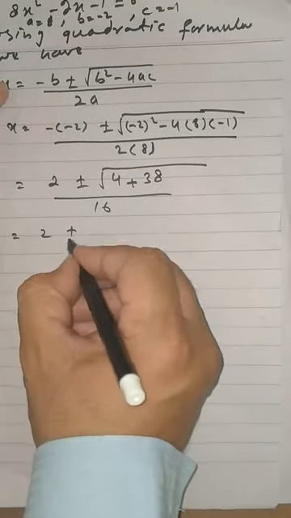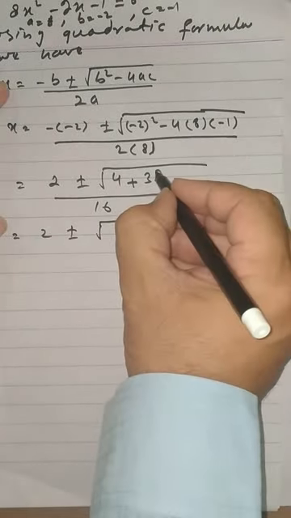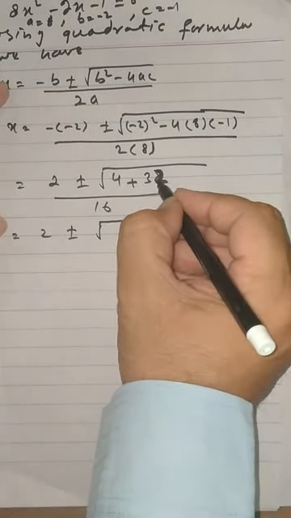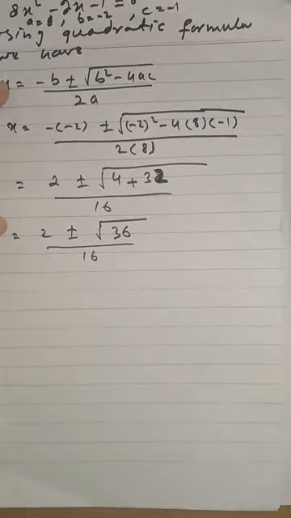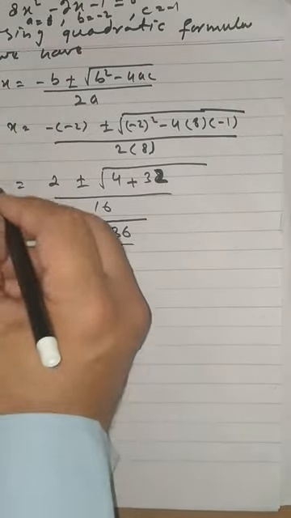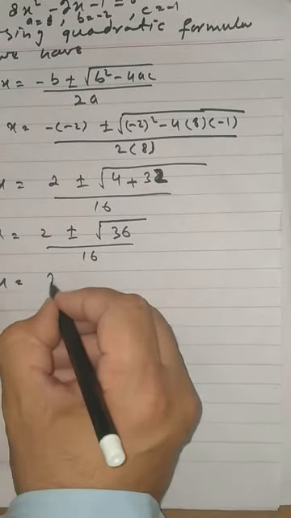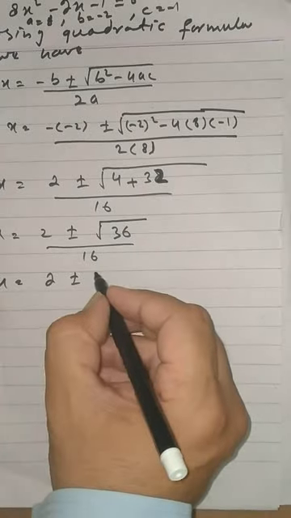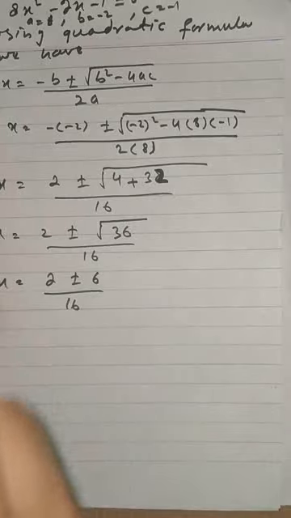So we get 2 plus minus under the root 4 times 8 is 32. So 32 plus 4 we get 36, divided by 16. Now 2 plus minus the square root of 36 is 6, divided by 16.